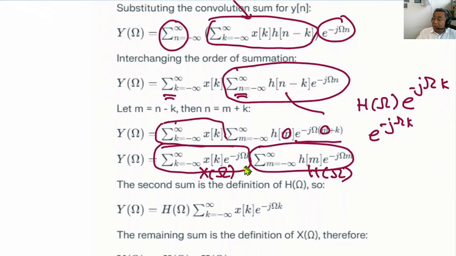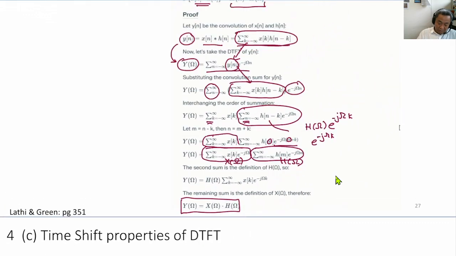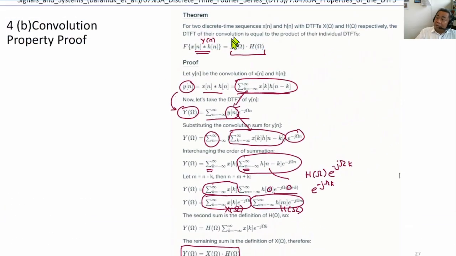Therefore it is simply x of omega multiplied by h of omega. So this is the proof that y of n, a convolution in the time domain, becomes multiplication in the frequency domain.